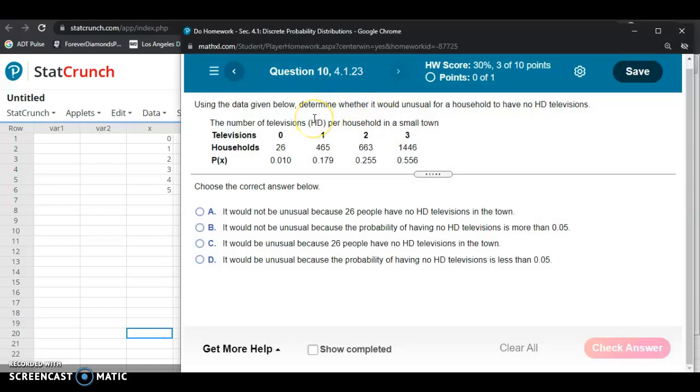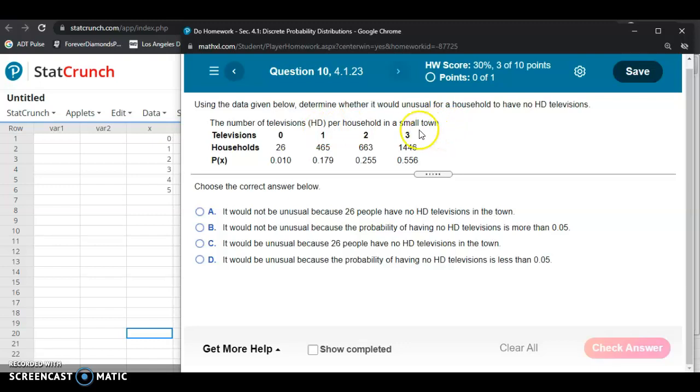Number 10 says, using the data below, determine whether it would be unusual for a household to have no high definition television. HD means high definition. This table is summarizing the number of HD televisions per household in a small town.